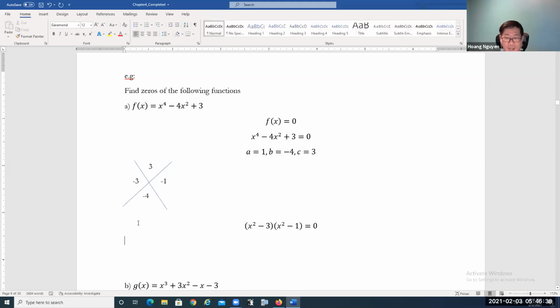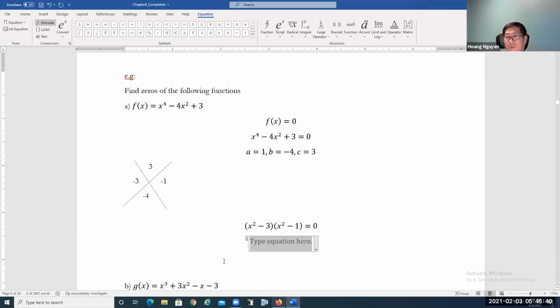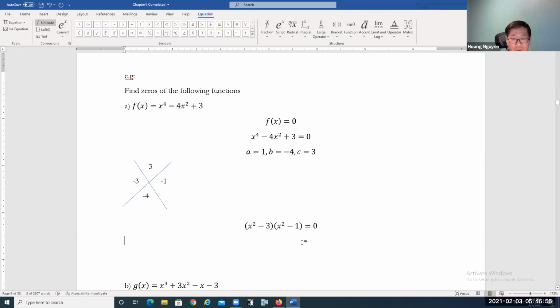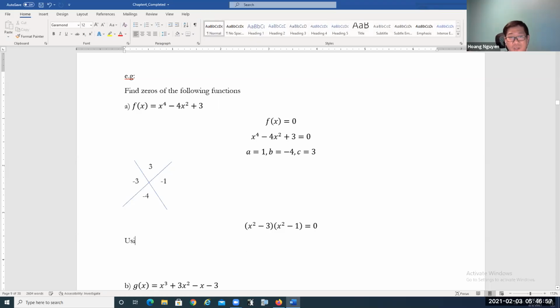Now, there is something that we can factor more, obviously, everyone. We have x squared minus 3. If you know how to factor this, you might factor it more. If not, then we can solve it directly. Just assuming that maybe you don't know how to factor more, now I'm going to use the zero product property.